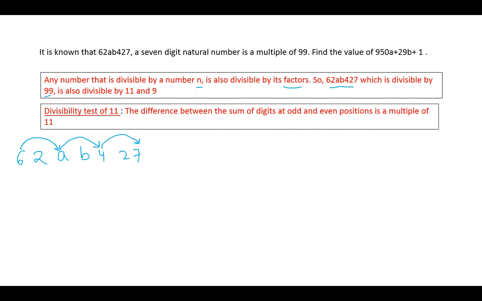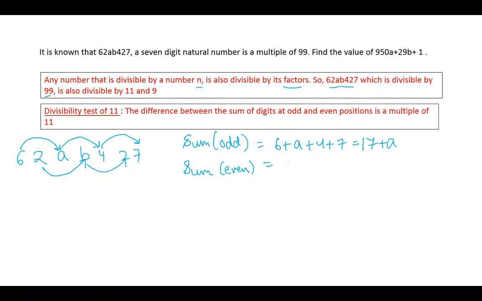So the sum of the odd positions is 6 plus A plus 4 plus 7, which is 17 plus A. At the even positions, we have 2, B, and 2 again. So the sum of the even positions becomes 2 plus B plus 2, which is 4 plus B.